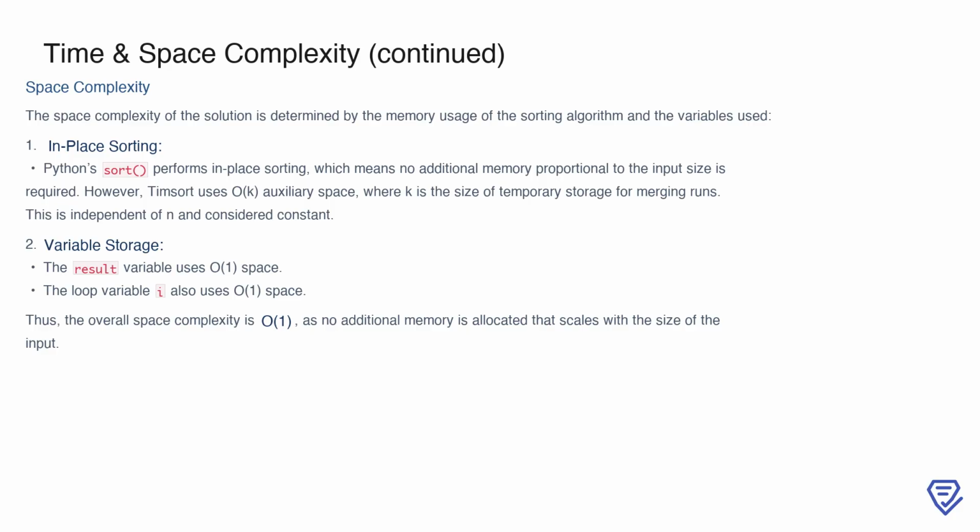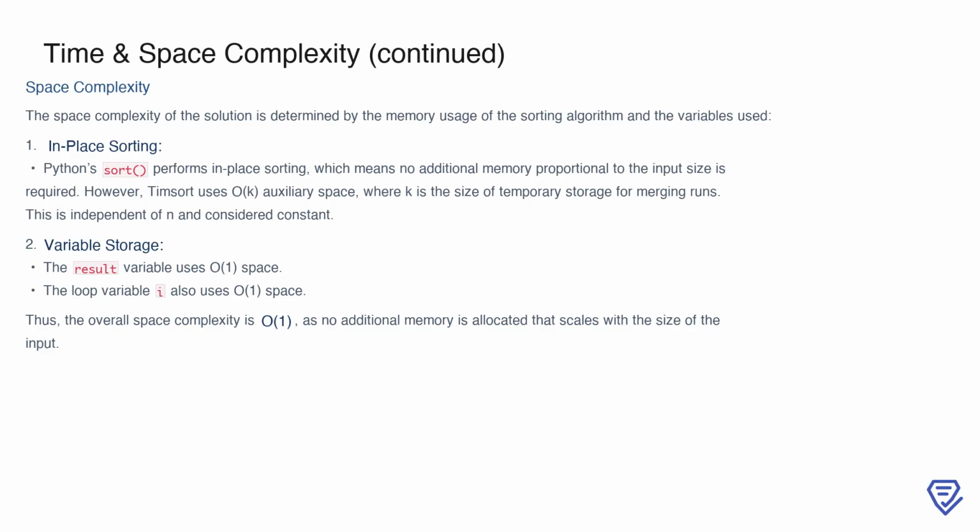Since this value does not depend on the input size, it is considered constant. Additionally, the solution uses a few variables, such as the result variable and the loop variable i, both of which take up only 1 space. Therefore, the overall space complexity of our solution is 1, as no additional memory is allocated that scales with the size of the input.